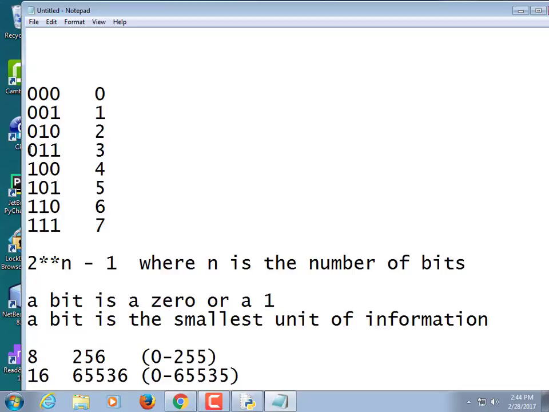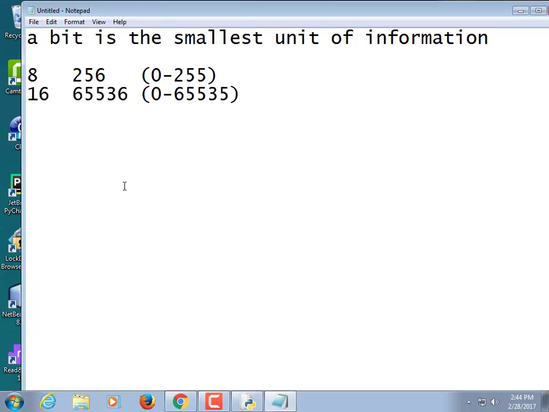How could we convert from this to this without just memorizing? What if I had this number, 101, and I had to convert that on the fly? Well, when you're dealing with decimals, you have the idea of places.